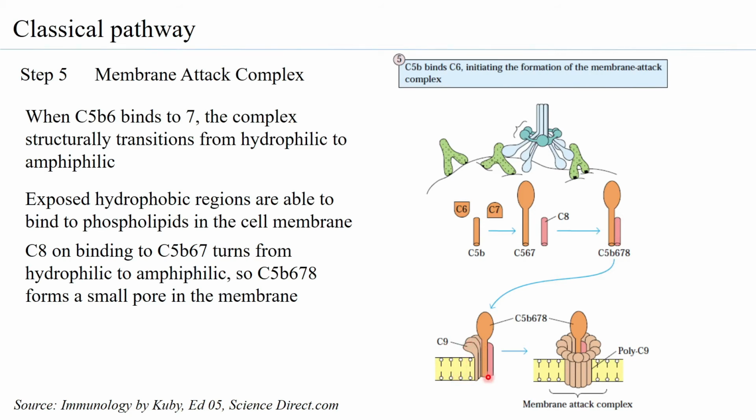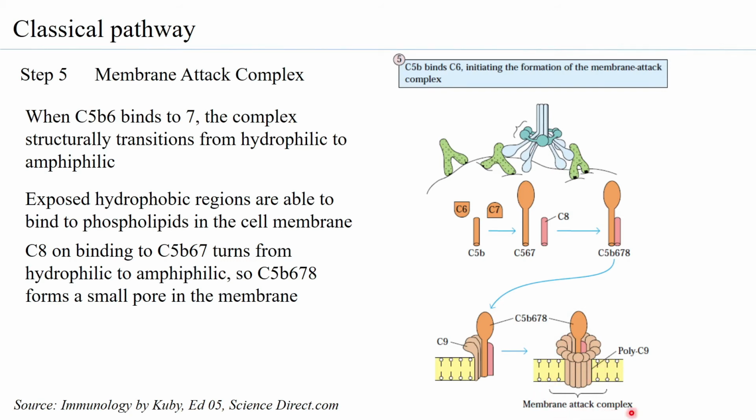When I say nucleation center, it means that using this C5b678 as a central point, the C9 polymerizes to form a perforin-like structure, as you can observe over here. This structure is what is called poly C9. This poly C9, as mentioned, is forming a perforin or hole-like structure on the membrane of the cell. And this complex of the C5b678 with the poly C9 is what is called a membrane attack complex.